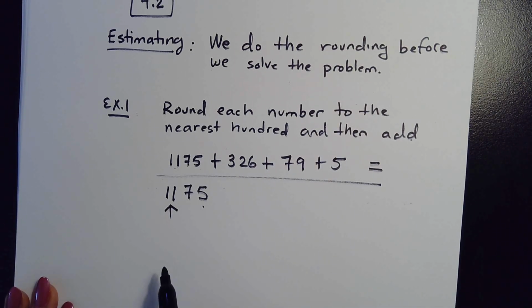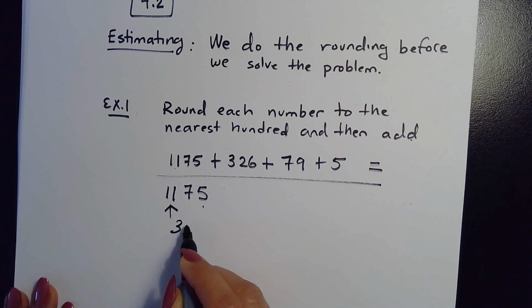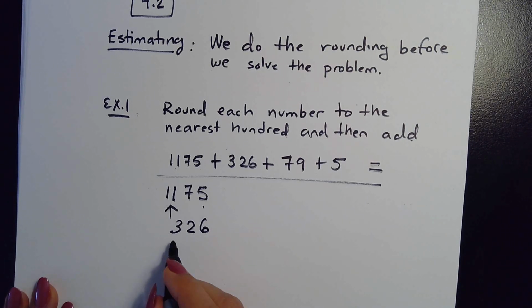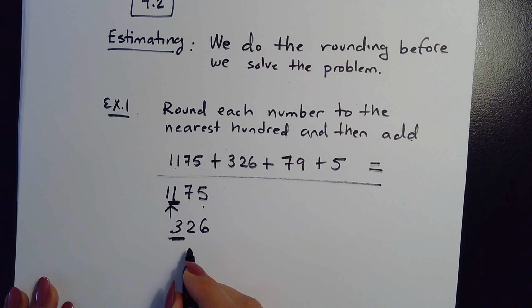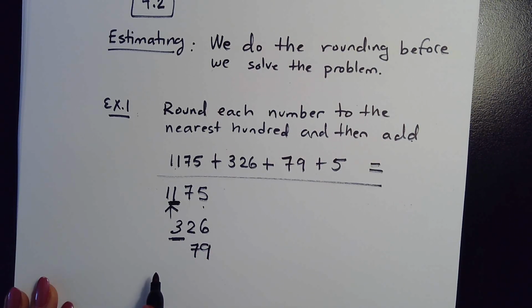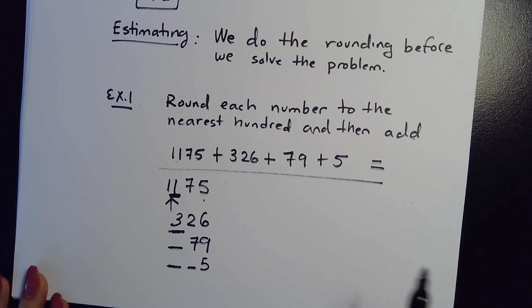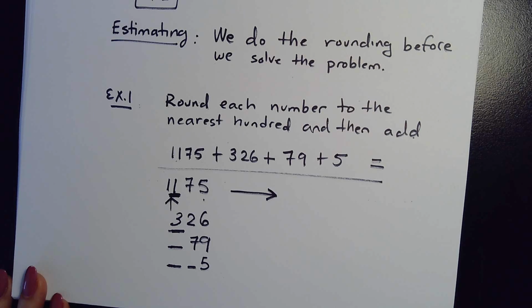And the same thing with 326, the 3. And for 79 that would be the place here, and then for 5 it's gonna be this place here, right? The last 100.